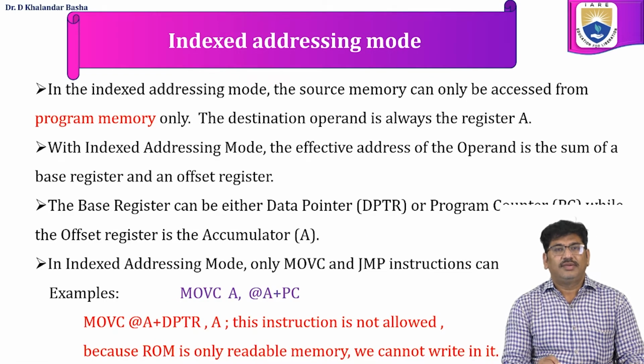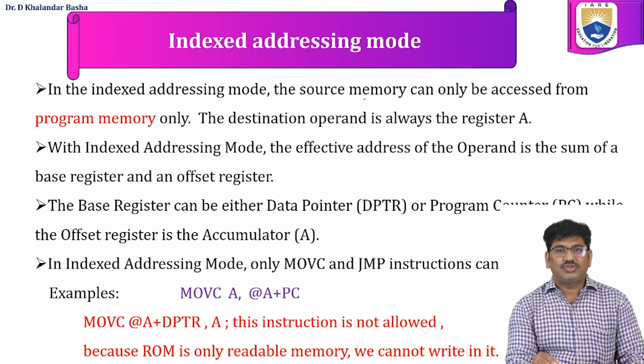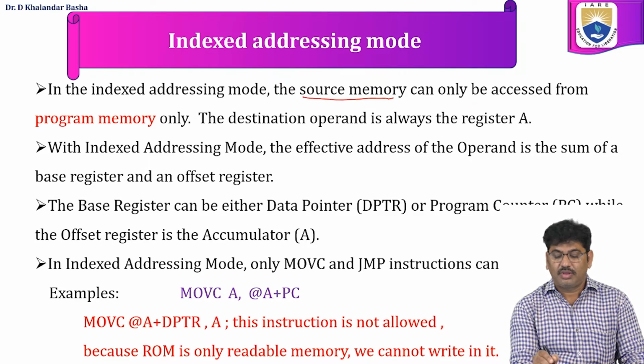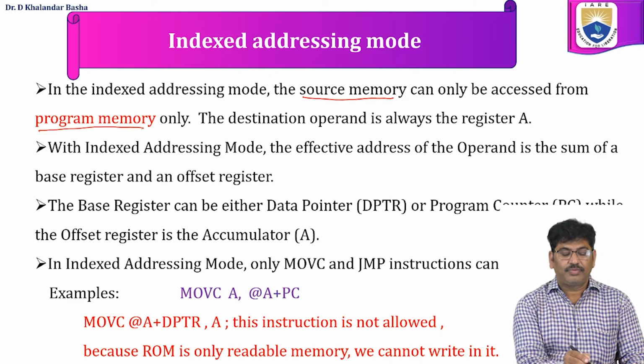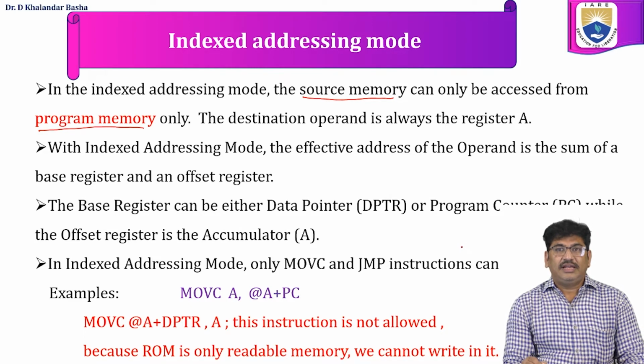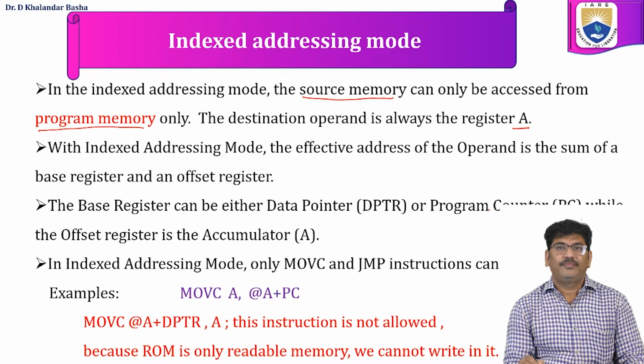The next one is the indexed addressing mode. In the indexed addressing mode, the source memory can be accessed from program memory only. The destination operand is always the register A, which is the accumulator.